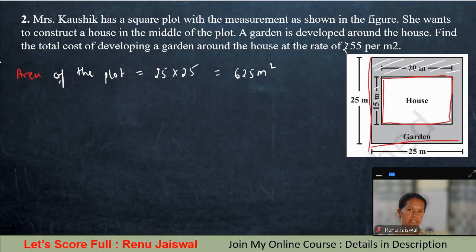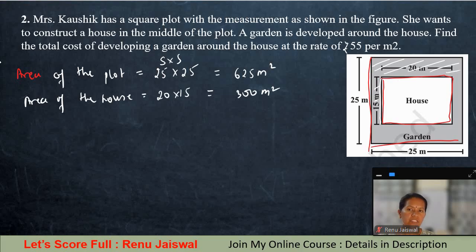And next, area of the house. Here they have given breadth 15 and length is 20. So 20 into 15, which is 300 meter square. Now before this, write one line more: area of plot is side into side.